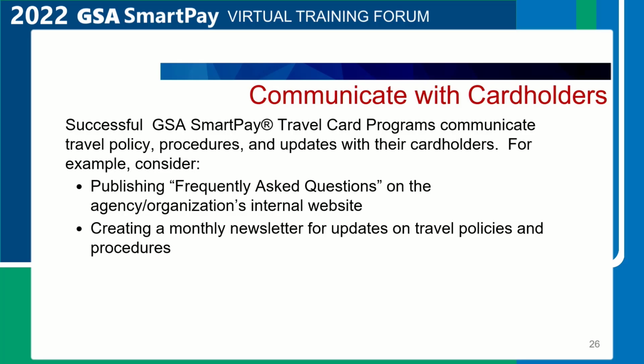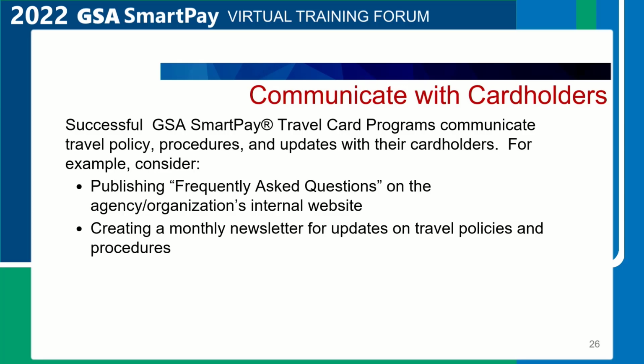Communicating with your cardholders is probably one of the biggest things. The best AOPCs communicate early and often with their account holders. So you might share some of the smart bulletins that we have and newsletters. They are all great tools for helping your cardholders keep up to date on any related information.